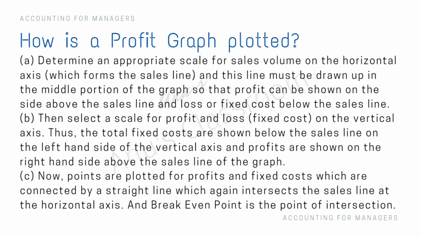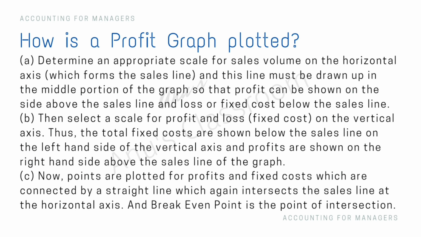So how exactly do we plot a profit graph? First, we have to determine an appropriate scale for the sales volume on the horizontal axis, which is the sales line. And it is best to draw this line in the middle portion of the paper so that the profit can be shown on both sides, above and below the line.